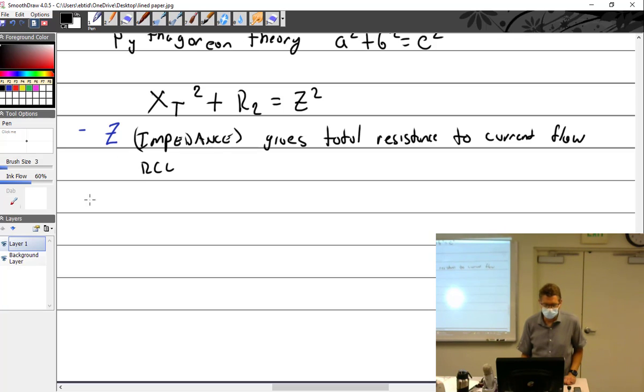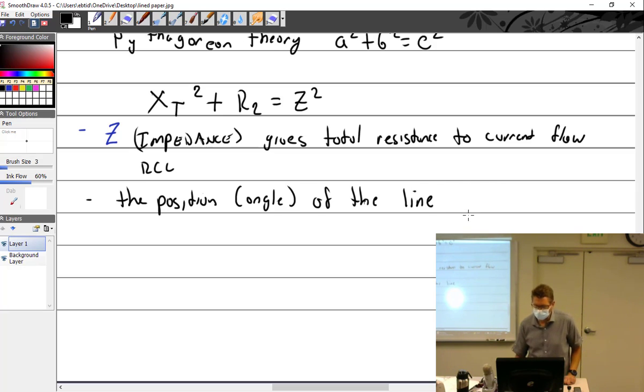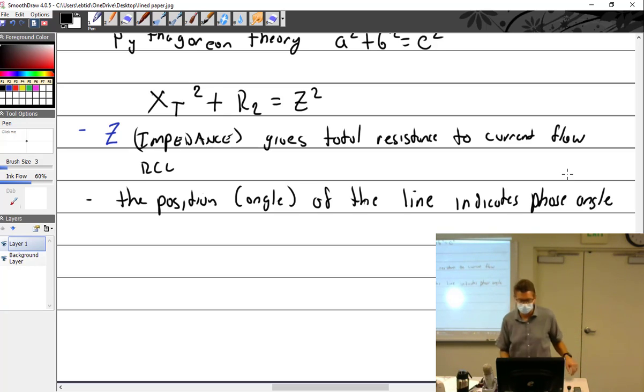The position or angle of the line, that is the line of Z, indicates phase angle, or the difference between where voltage is and current is.